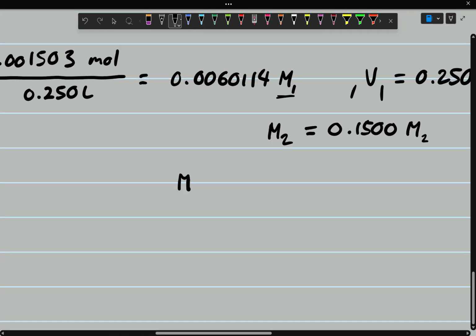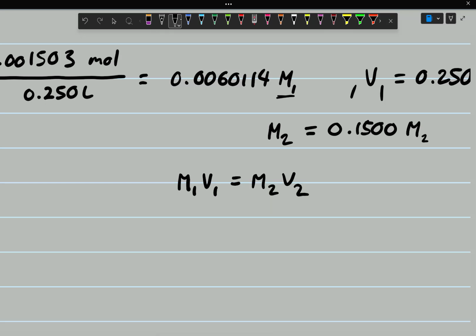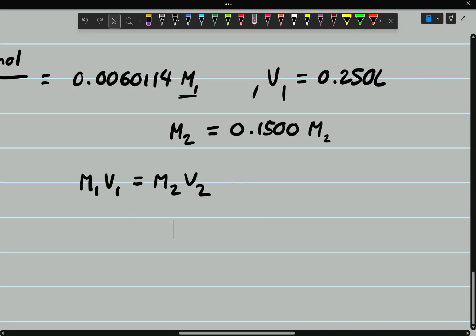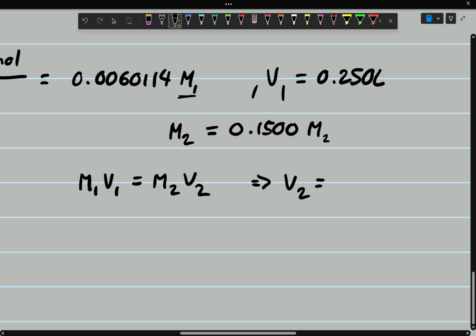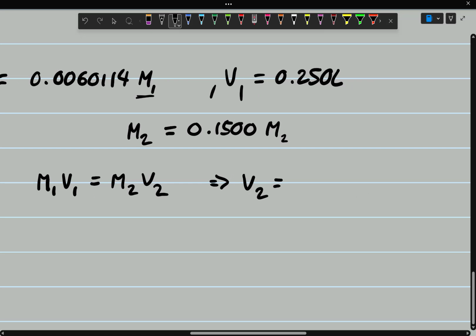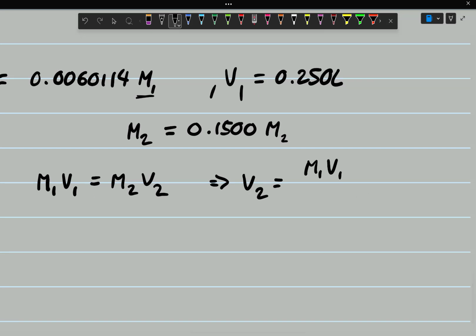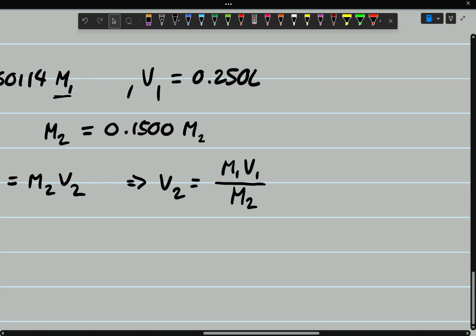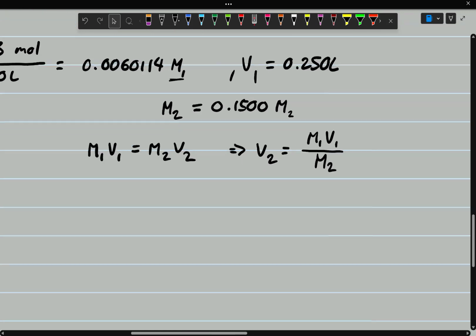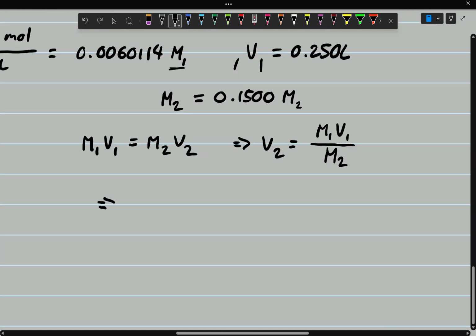And so if we rewrite our original equation like this, and we want to solve for V2, we can just divide both sides by M2, leaving us with our desired volume value that we want to solve for is equal to M1 times V1 divided by M2. So now we can go ahead and plug in our values.